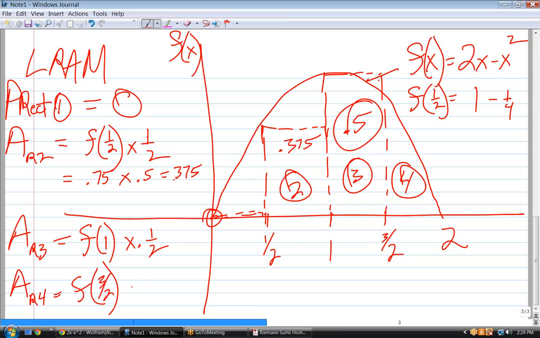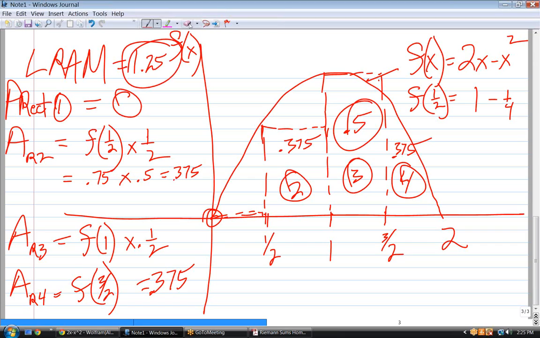So that's 0.375 again, which makes sense. There's a certain symmetry here we can see. Okay. So the sum of the left rams would be 1 1/4? Well, yeah. That's what I got.